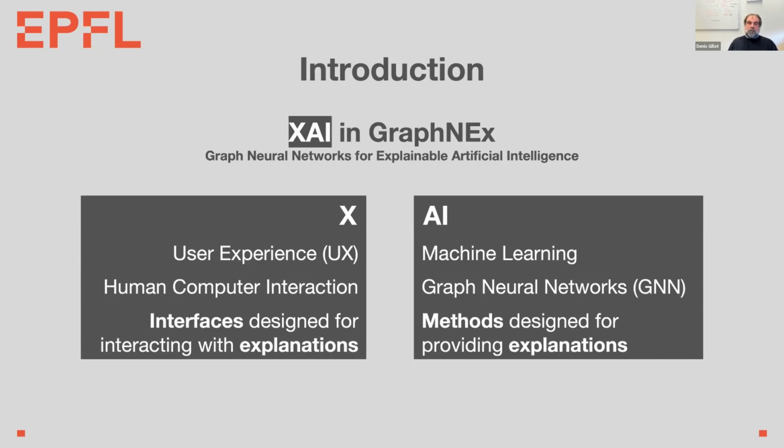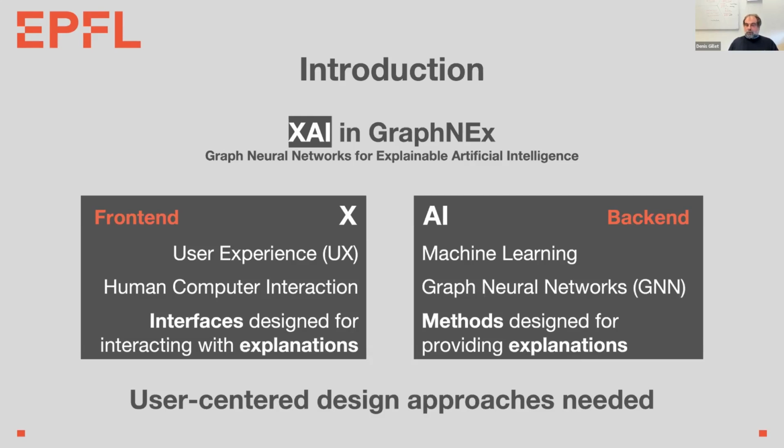So this dimension of caring about the end user is a very important dimension in explainable artificial intelligence. So it's why for designing any solution, we have to look both at the back end, at the methods, and the front end, which are the interfaces, from a user-centered perspective. So I will show you how we are doing that, or we are trying to do that in the project.